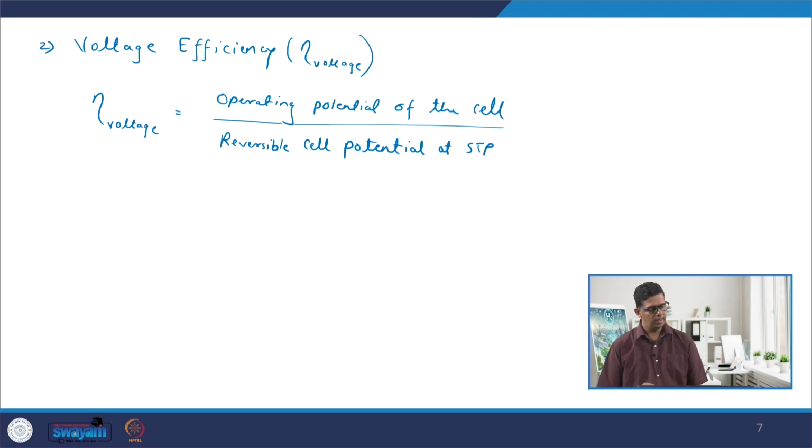Since the reversible cell potential at standard temperature and pressure conditions is considered a very standard reference number, the voltage efficiency is always calculated with respect to this E naught.